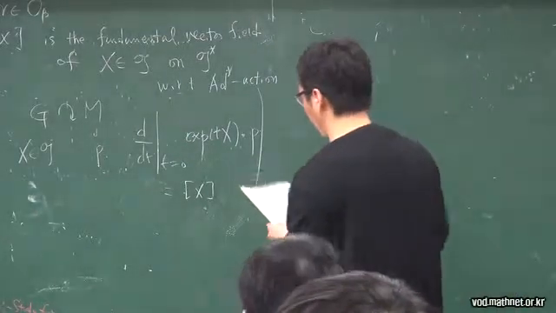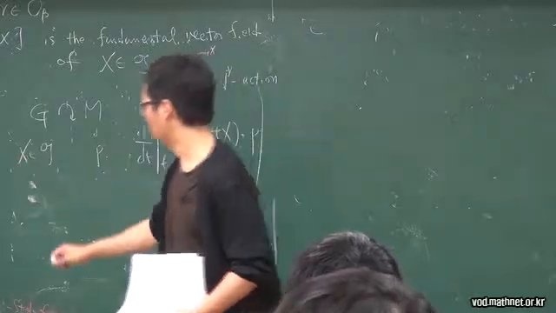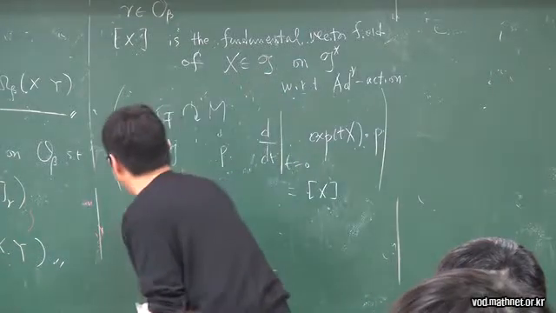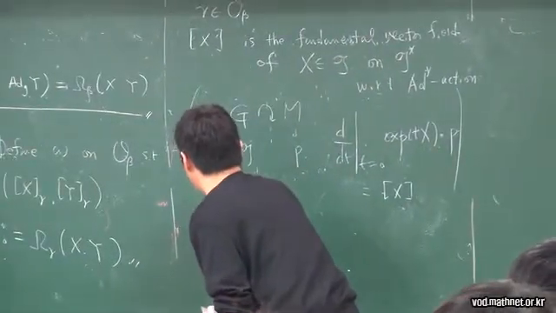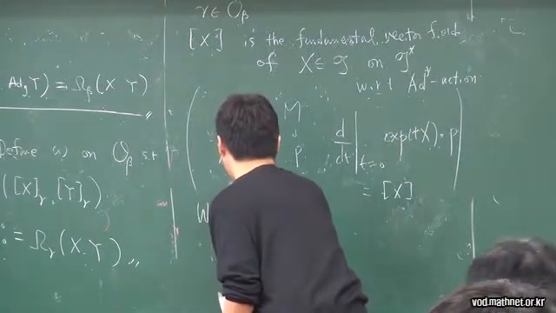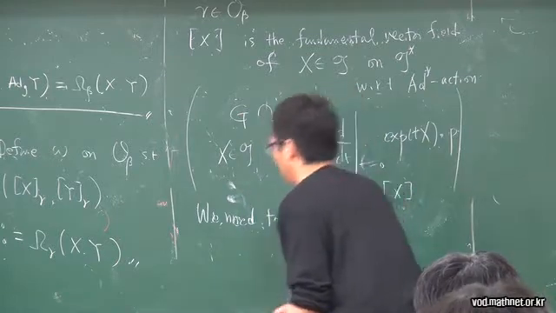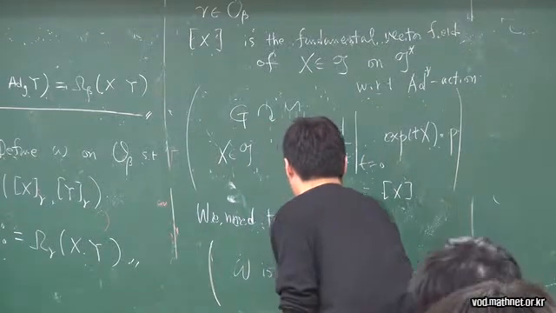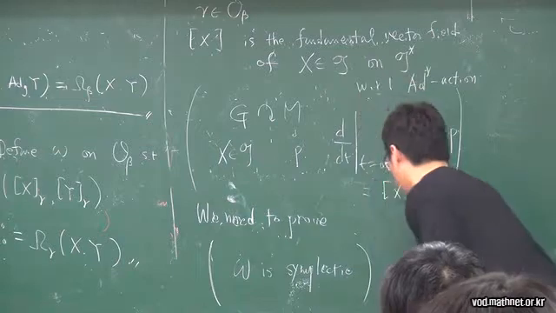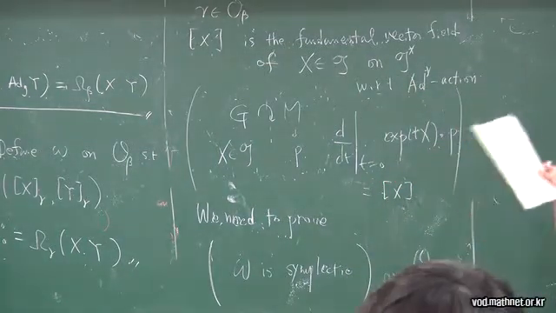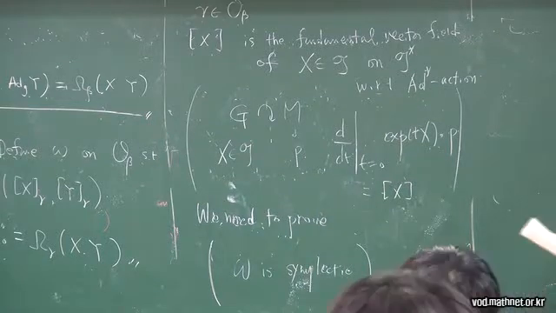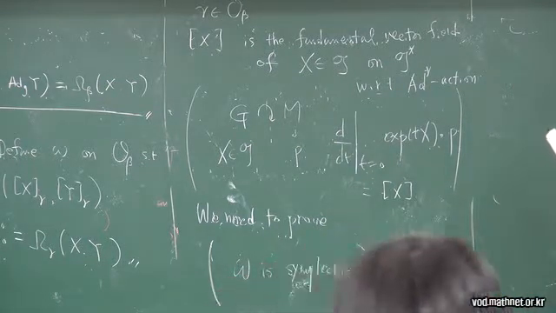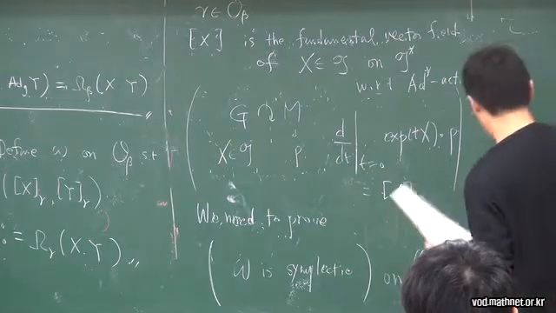I just sketched the proof of step 1, and if we define this one, then we need to prove that omega is symplectic on the orbit, right? So, a sketch of the proof.